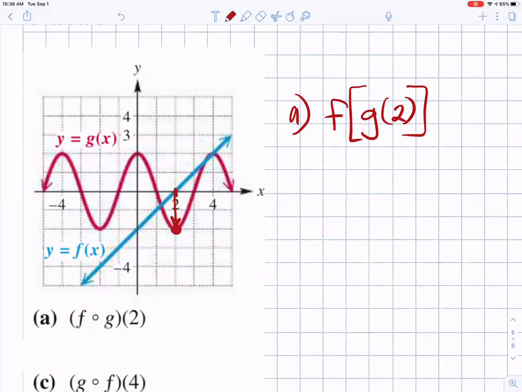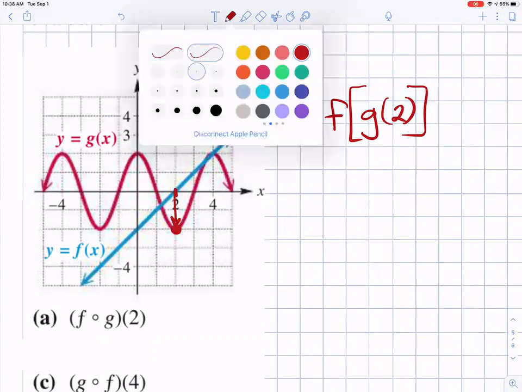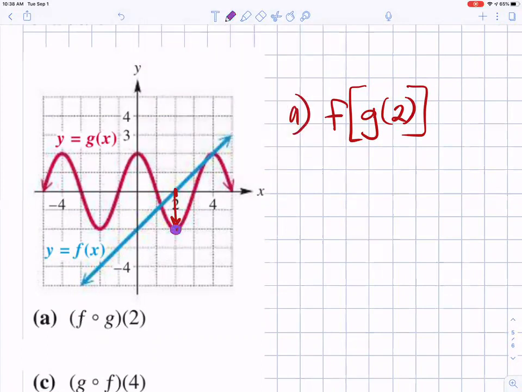Let me change colors because it matches too well. Here's the corresponding point for the G graph at the value of X equals 2. So this is the coordinate (2, -2), the Y value then is -2. I'm copying the stuff around it, now I want F of -2.